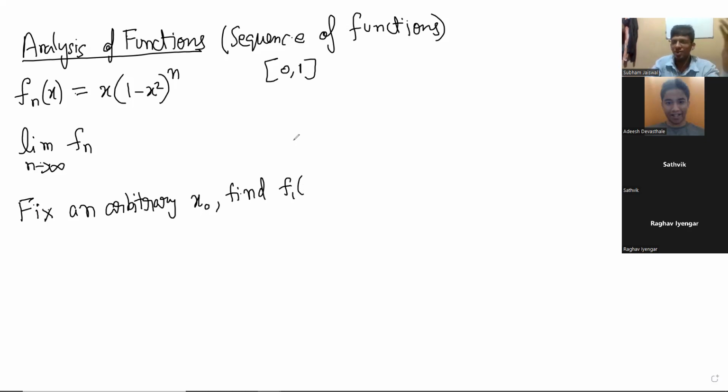The cursor is suddenly going to the top of the screen and choosing some other option. I don't know why. You do this for every x naught, right? And then the limit. What happens when you do it for every x naught? What kind of things you get will depend on what x naught you take. So please do the calculations and tell.